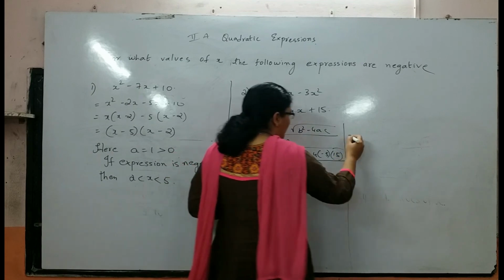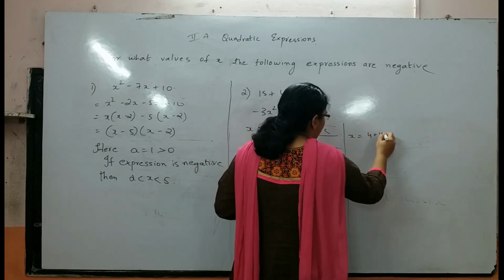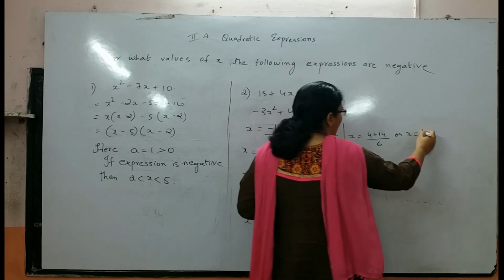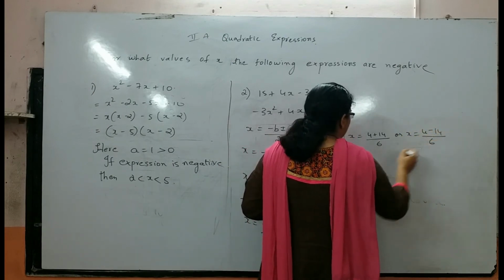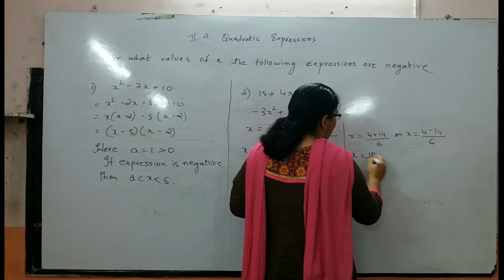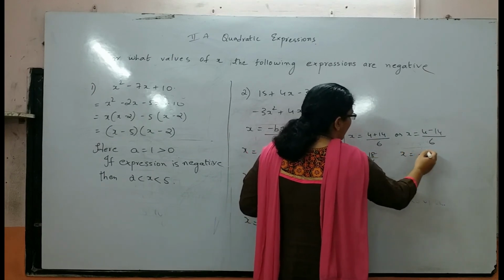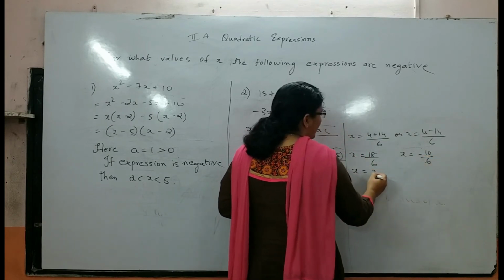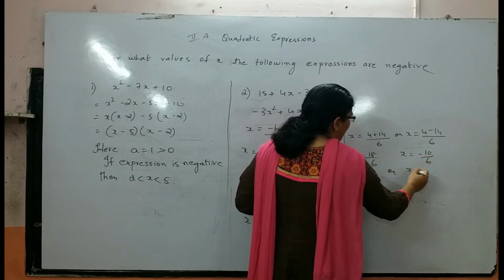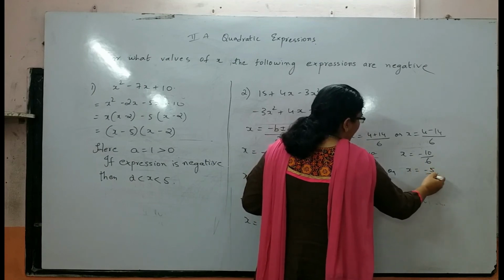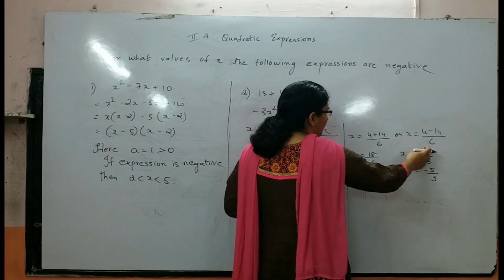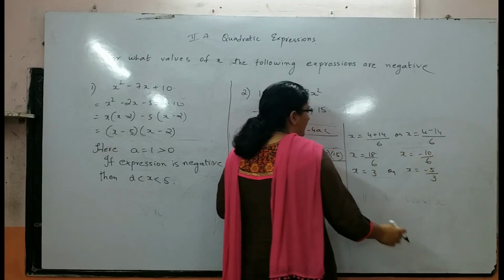So x is equal to (4 plus 14) by 6, or x is equal to (4 minus 14) by 6. x is equal to 18 by 6, x is equal to minus 10 by 6. So x is equal to 3, or x is equal to minus 5 by 3.